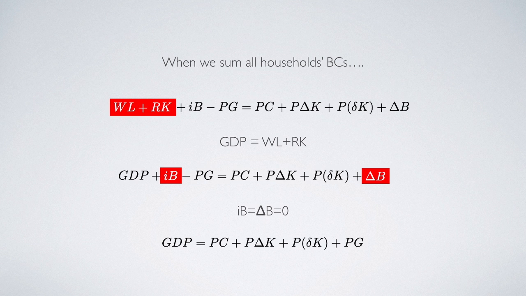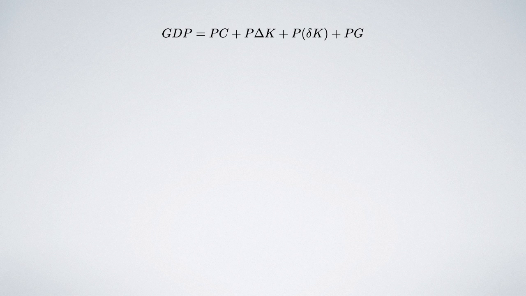And then when we move around the equation, we end up with GDP equal to PC, which is consumption, plus the capital investment part, plus the government purchase. Furthermore, we can divide both sides by price.